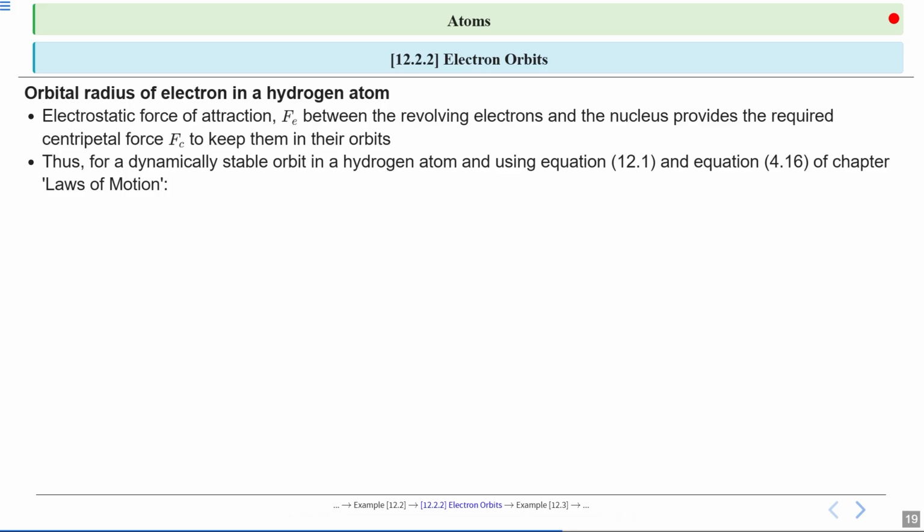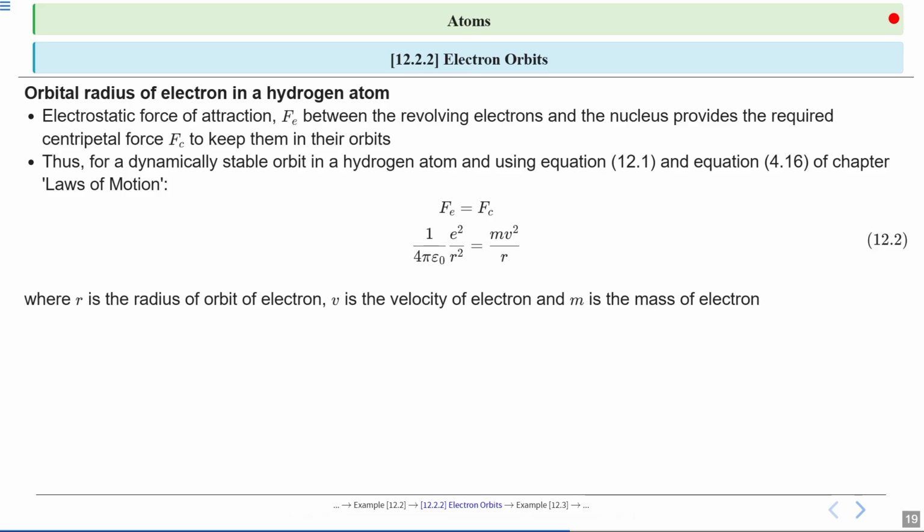Okay, so for a dynamically stable orbit in a hydrogen atom, using equation 12.1 and equation 4.16 of the chapter Laws of Motion, we set the electrostatic force equal to centripetal force. This equation is our starting point for finding the relationship between the electron speed and its distance from the nucleus.